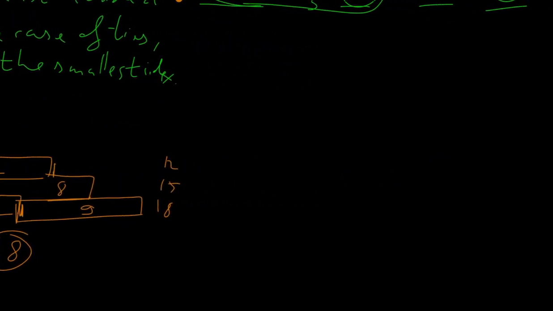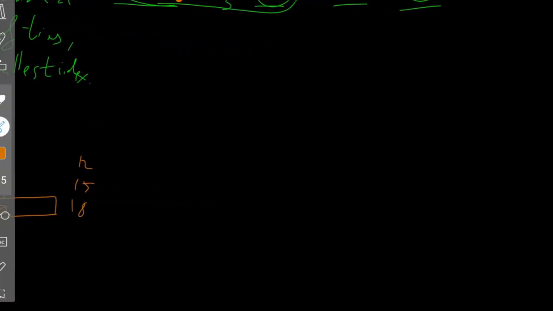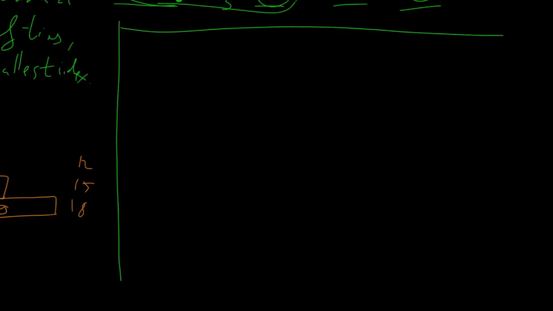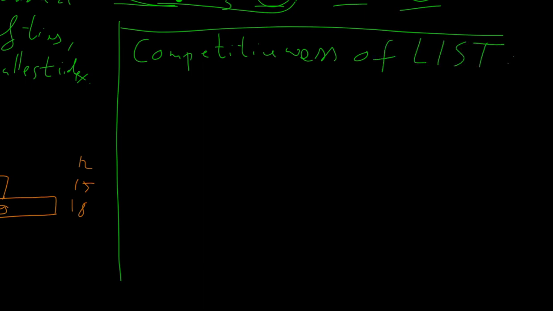Okay, now we can analyze the list algorithm, the competitiveness of list. So for the list algorithm, there is a theorem, proposition, whatever you want to call it. It's exactly 2 minus 1 over m competitive.